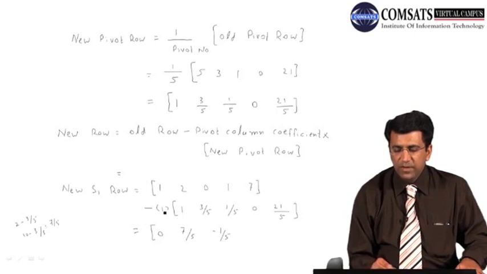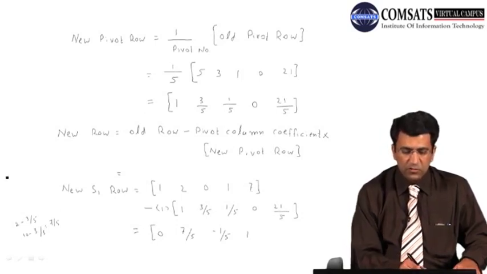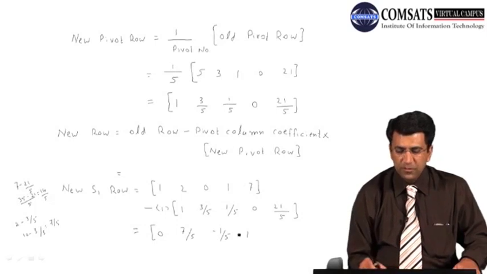Fourth value will be equal to 1 minus 1 multiplied by 0, so this will be equal to 1. And the last value will be equal to 7 minus 21 by 5. Again you can do some rough work: 7 minus 21 by 5. We can take 5 as LCM, 5 sevens are 35, minus 21, this will be equal to 14 by 5.